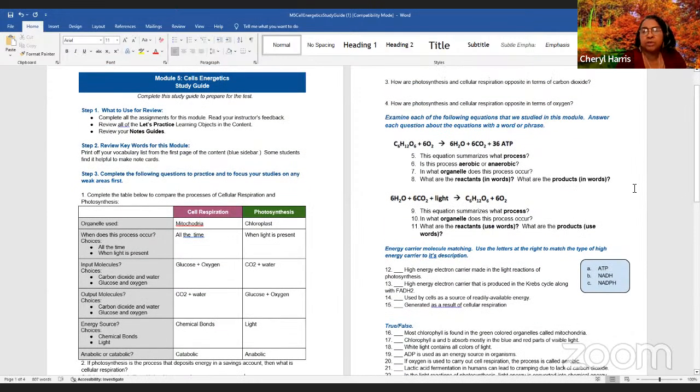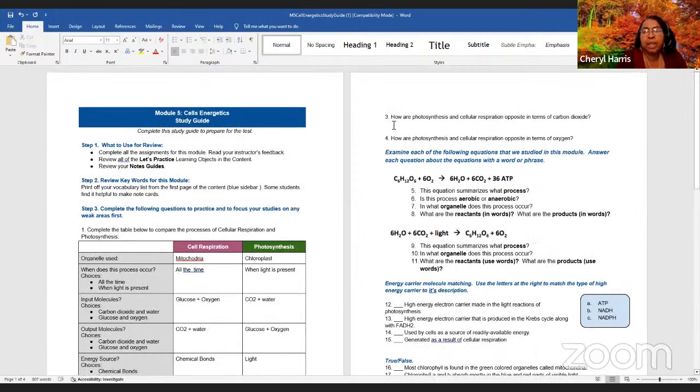All right, so let's look over here at question number 3. We just want to look at, you only have to discuss carbon dioxide. To answer that question, look at these two equations in question 4. They've written out the chemical equations for the two reactions.